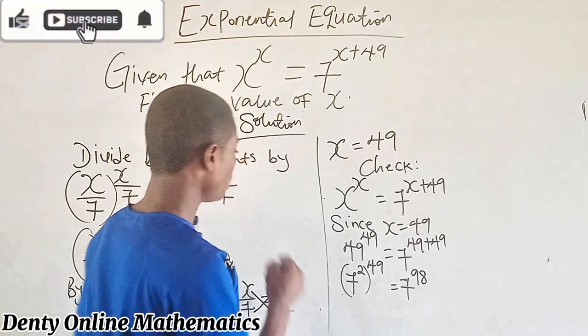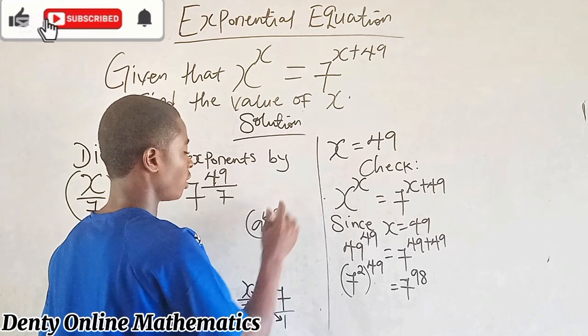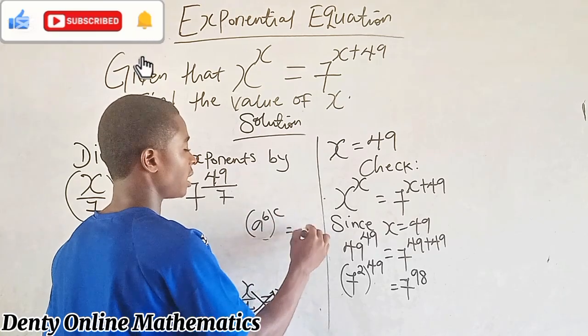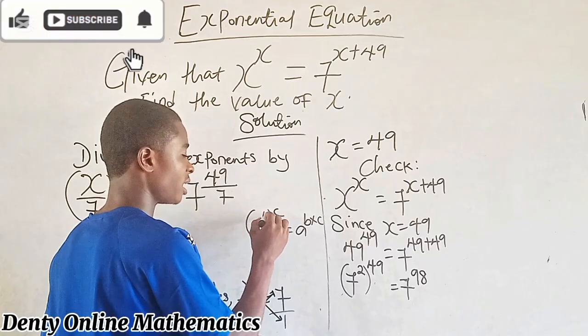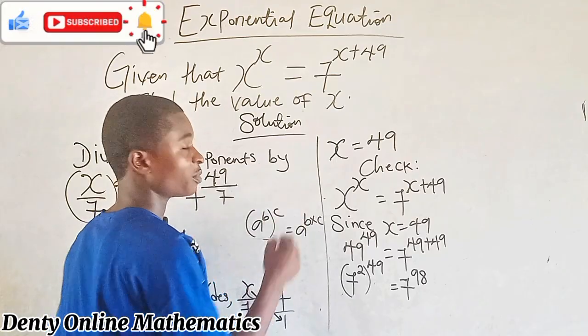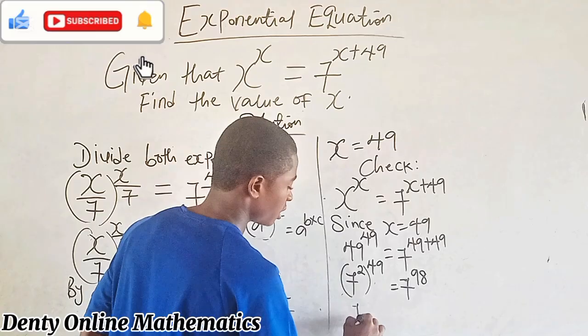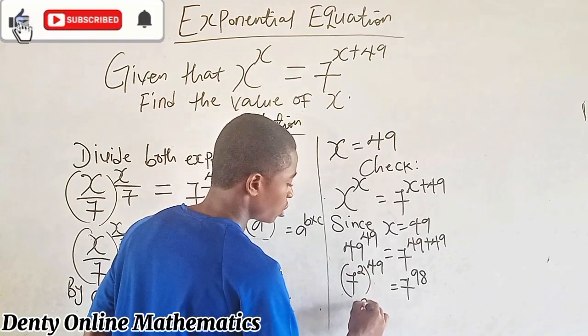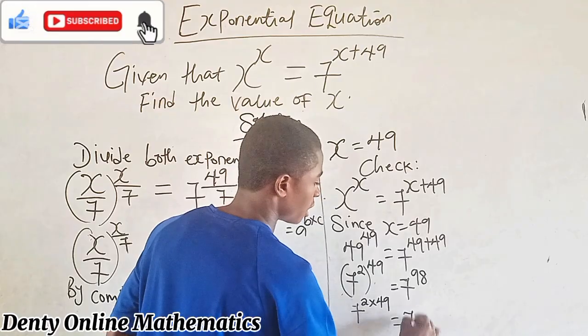Now, you know, if you have a raised to the power of b, all raised to the power of c, this is the same thing as a raised to the power of b times c. That means this exponent inside will multiply the exponent outside. So that will give us 7 raised to the power of 2 times 49, equal to 7 raised to the power of 98.